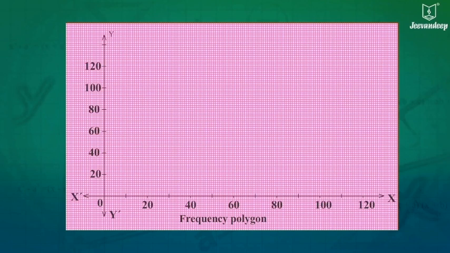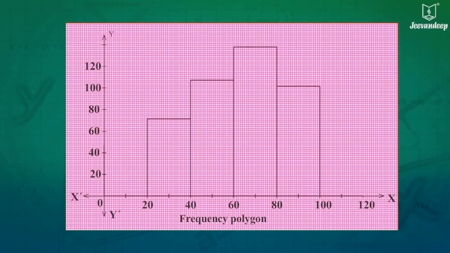Frequency polygon can be drawn using histogram. 1. Draw a histogram. 2. Mark the midpoint of the upper side of each rectangle of the histogram. 3. Take one additional rectangle of height 0 preceding the first rectangle and one more additional rectangle of height 0 succeeding the last rectangle. 4.